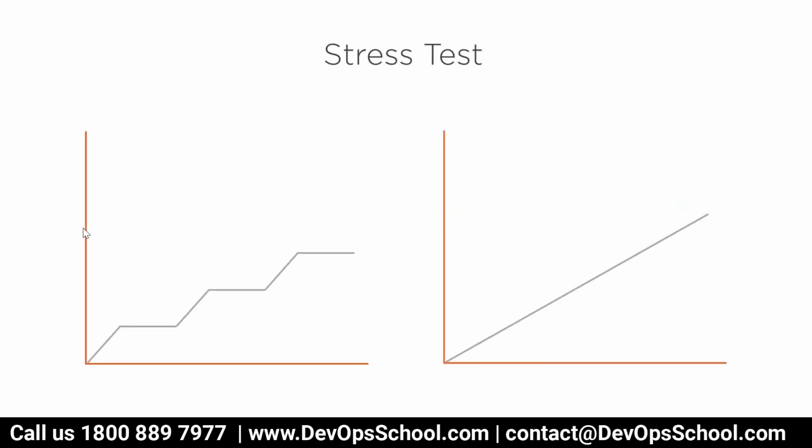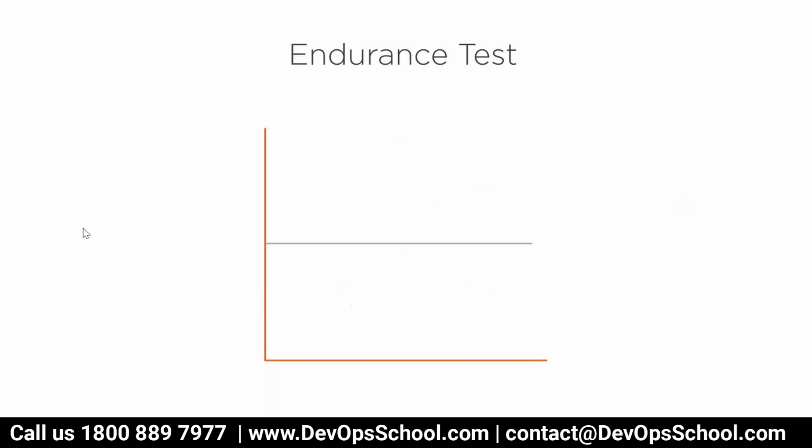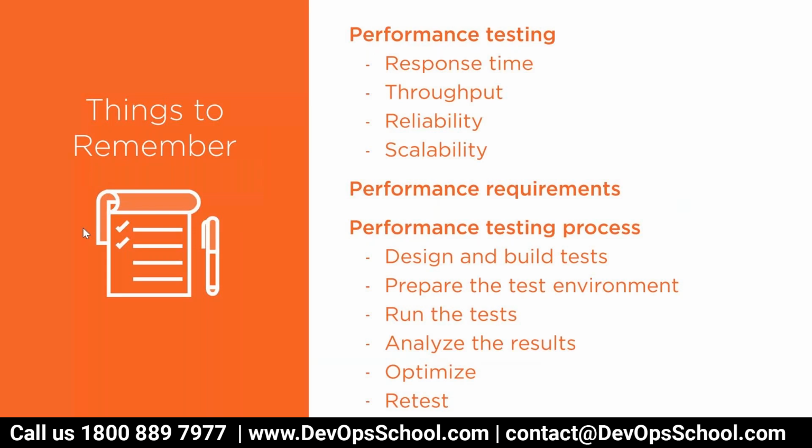Stress test, where you create a load but at certain intervals. Spike test, where you suddenly create huge traffic and then suddenly bring it down to low traffic, so suddenly there is a spike. Endurance test, a consistent number of users at any given point of time.